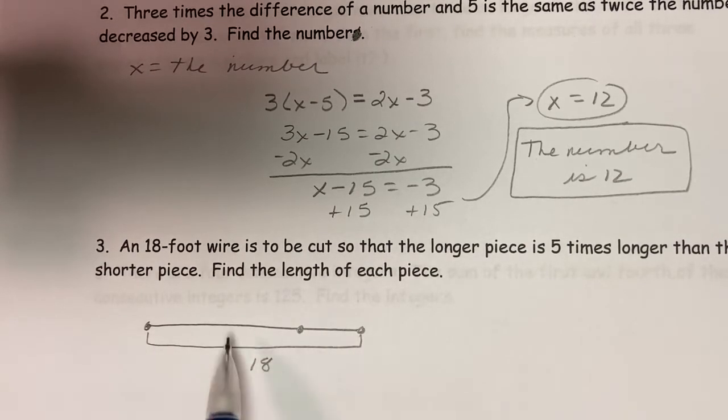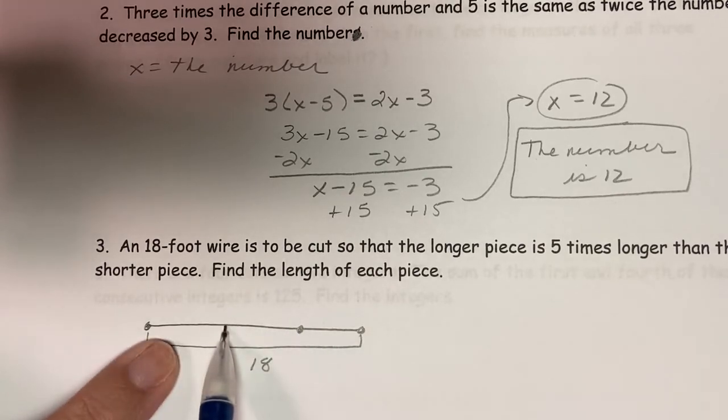So how are we going to cut this? What does it say? It says the longer piece is 5 times longer than the shorter piece. One of the pieces has to be x. Always something has to be x, just a regular old x. Notice in our first 2 problems, that's all we were looking for, so that was obvious.